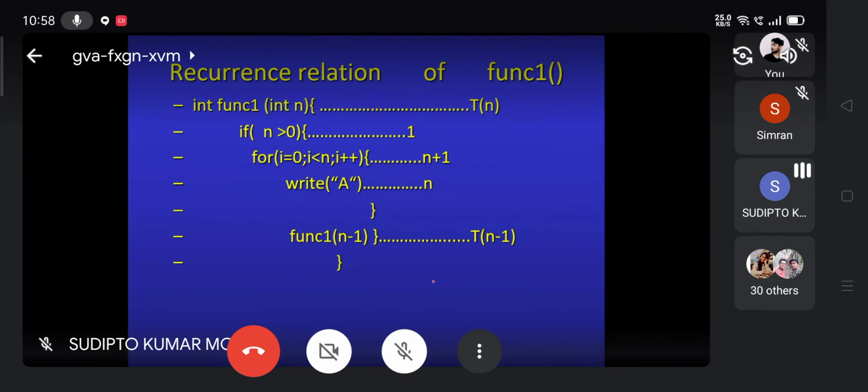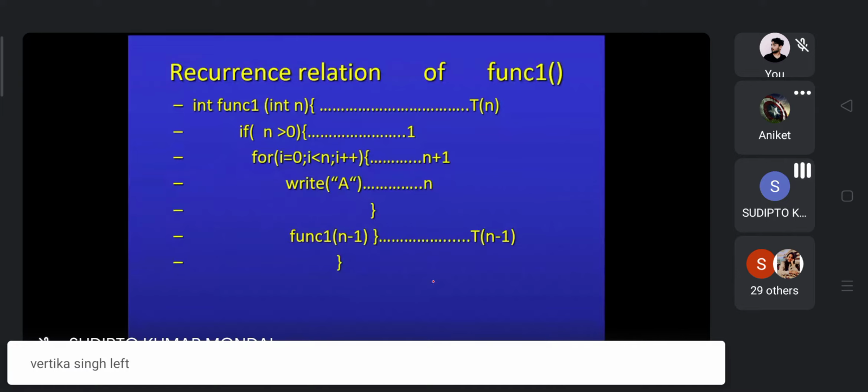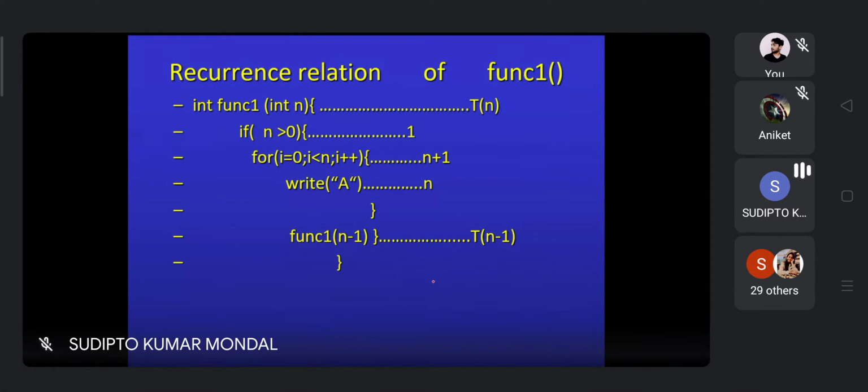Sir, why is the for loop n plus 1? Okay, good question. Look, the for loop is going on with i equal to 0 to i less than n. So what is the last correct value of i? It is n minus 1.